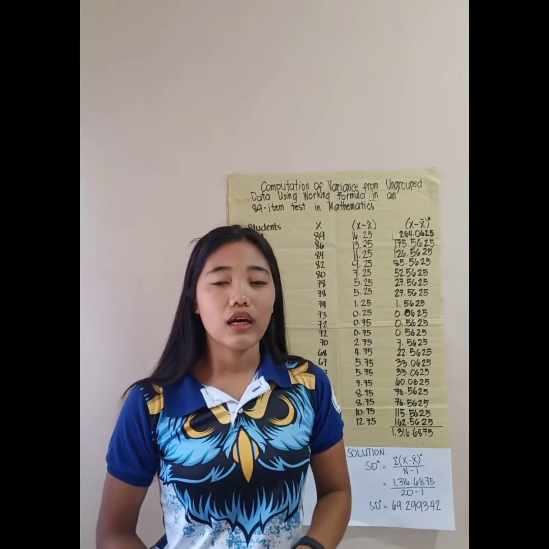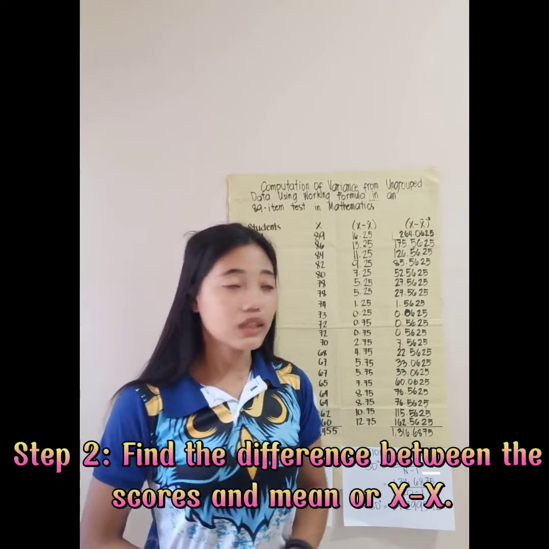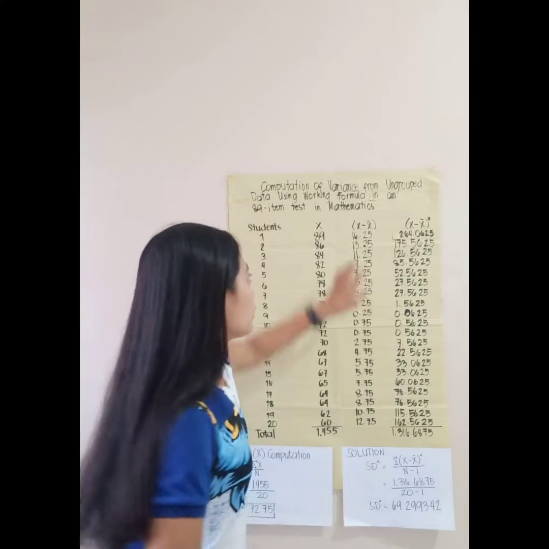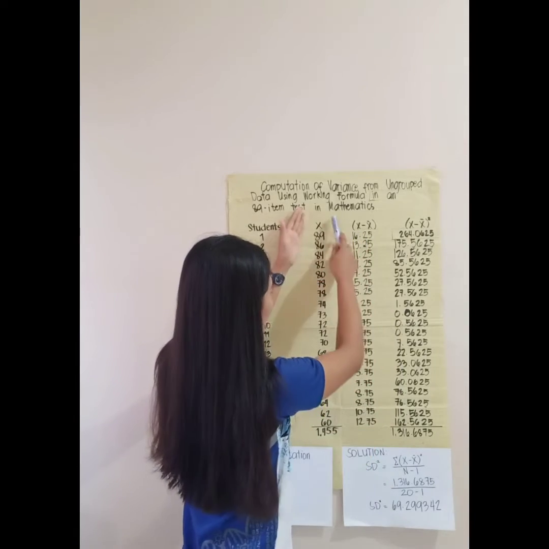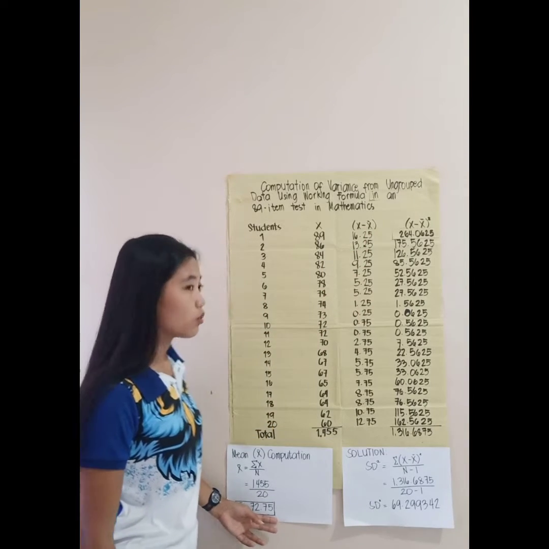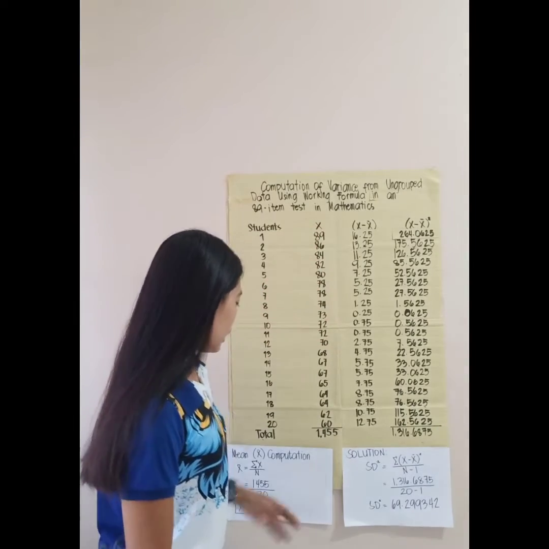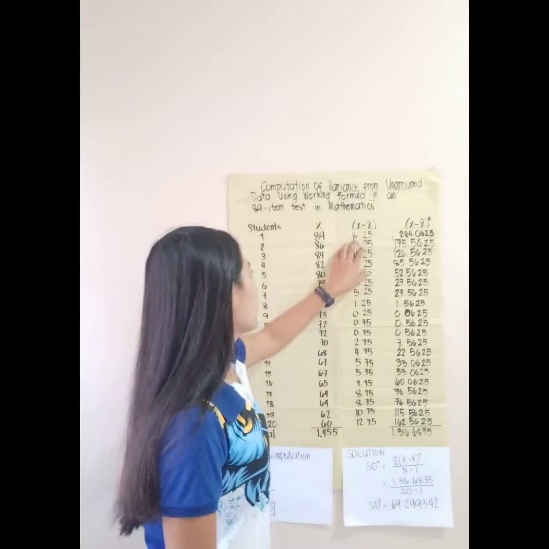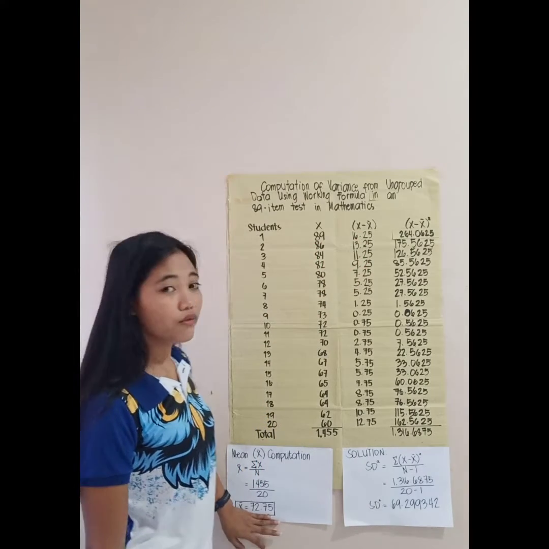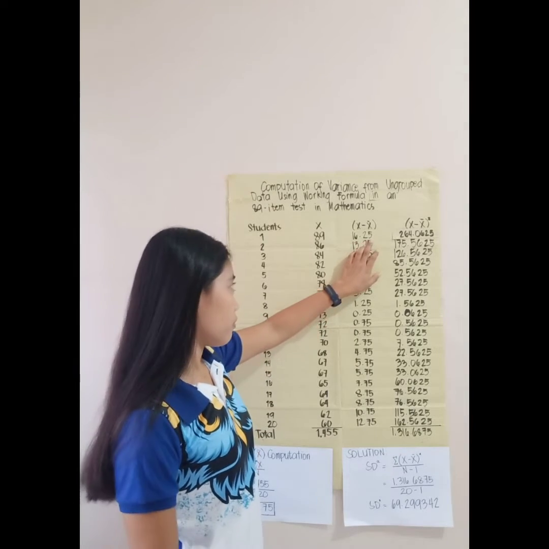Now let's apply our step 2. Find the difference between the scores and the mean, or x minus mean. Here, x means our score, minus our mean, which is 72.75. So, we will subtract our mean from our score. Simply, 89 minus 72.75, the result is 16.25.